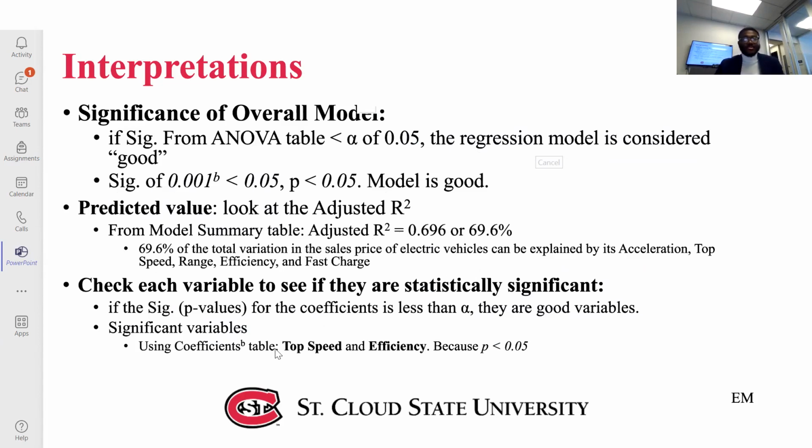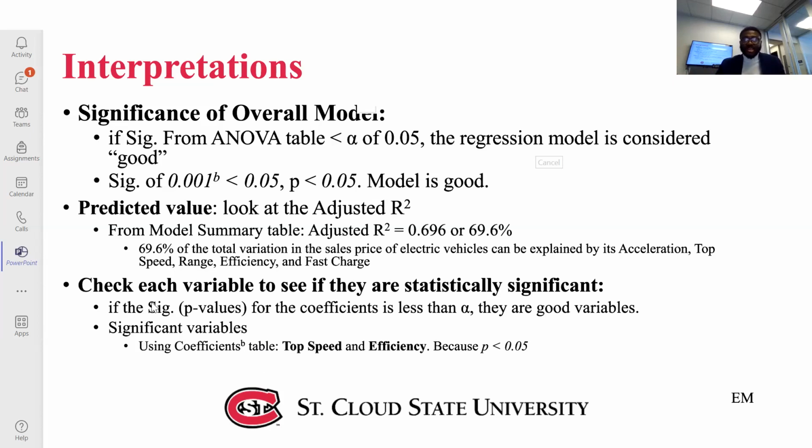What this means is that about 70% of the total variation in the sales price of the electric vehicles can be explained by the acceleration, the top speed, the range, efficiency, and fast charge. Usually 70% is a good number for adjusted R-squared because it tells you that your independent variables are strongly correlated with your dependent variable. So this is a good number.